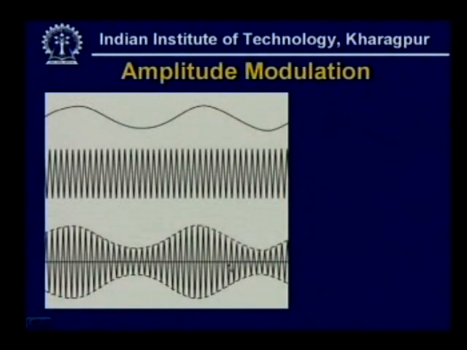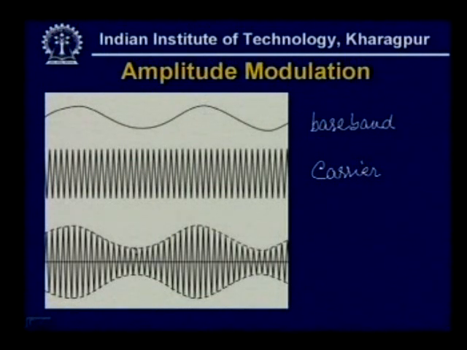So, here you see we are giving an example of a signal. This is a baseband signal of low frequency. In this case, it is a sinusoidal signal, and this is your carrier. And here, as you can see, the amplitude of this carrier has been modified with the help of this baseband signal.